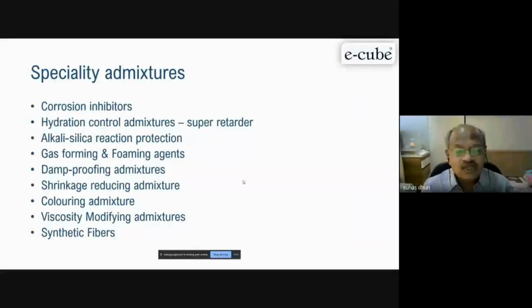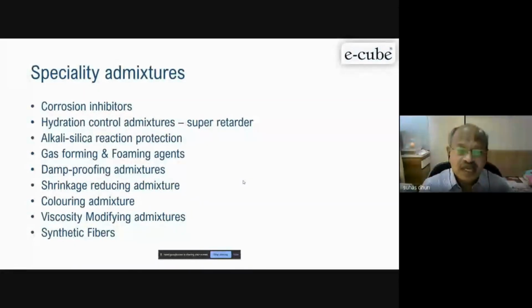Then viscosity modifying again. Sometimes concrete becomes very, very thin and there's no cohesion. A lot of segregation is there, bleeding is there. Now the truck has come to the site and it has huge segregation and you are in a hurry to use it.